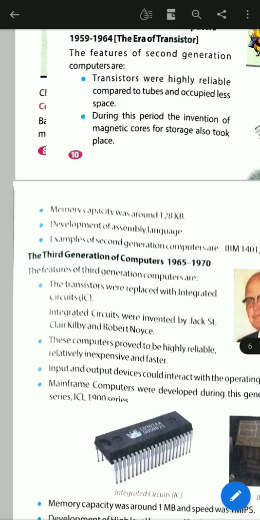Many computers were also developed during this phase, for example, ICL 2903 and CDC 1700. Areas of application were mainly business, education, scientific, and engineering. So students, these were the areas where these computers were applicable.